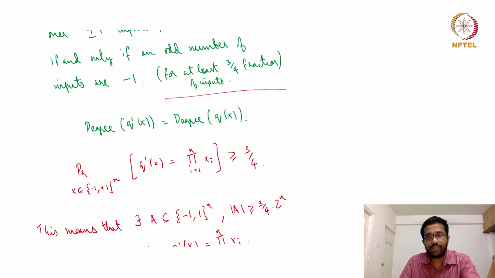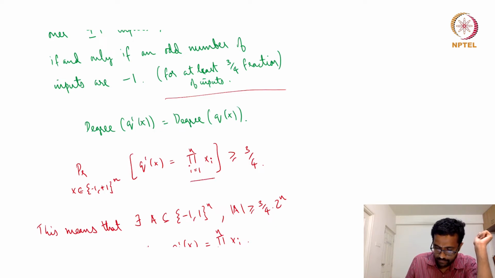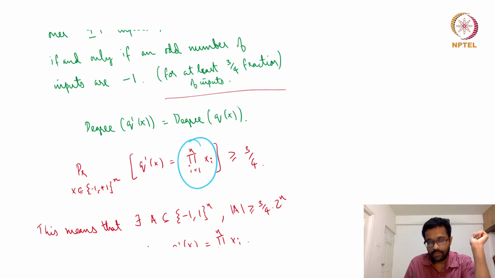If there is an even number of minus 1s, the product will be plus 1, which is exactly what parity has been defined to be. So we can replace parity with this term, the product of all the individual xi's. So what is the probability that Q prime of x is equal to this? This is the same as parity. It is at least 3/4.